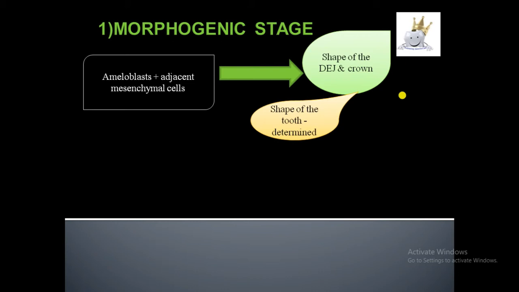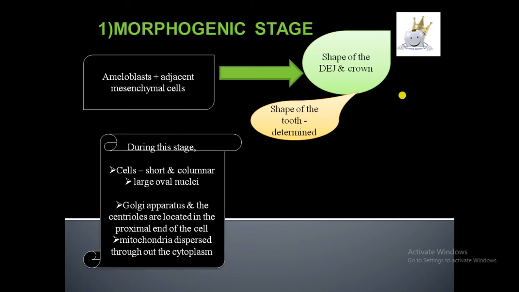That is the shape of the DEJ, dentino-enamel junction, and the crown. During this stage, the inner enamel epithelial cells are short and columnar, and you could find a large oval nuclei, Golgi apparatus, and the centrioles located in the proximal end of the cell. Mitochondria are dispersed throughout the cytoplasm.